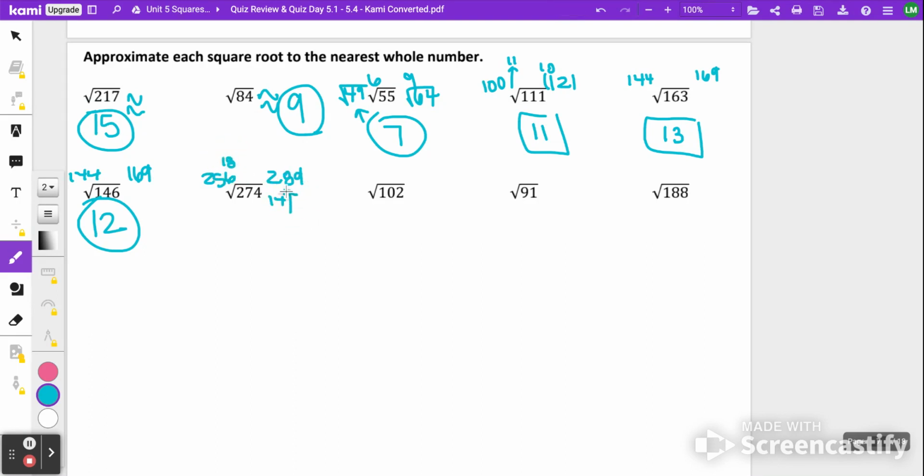So we'll say the square root of 289 is 17, so 274 is probably closer to 17.